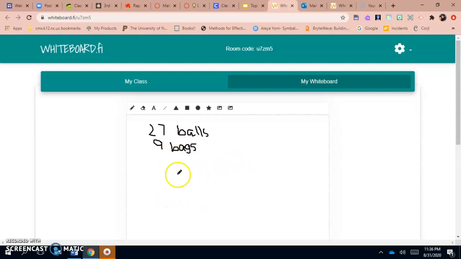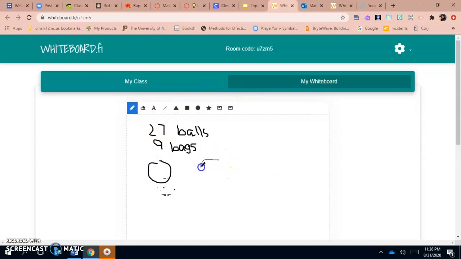So to start out, I know that I have 9 bags, so I'm going to draw 9 circles. Let me erase that circle because I don't like it. Miss Shorn is kind of a perfectionist, guys. So I'm going to draw my 9 bags.